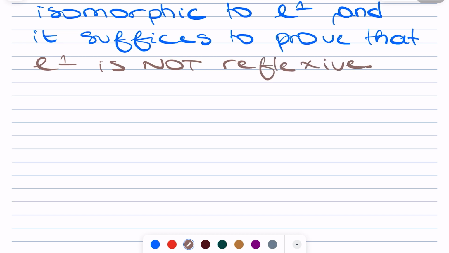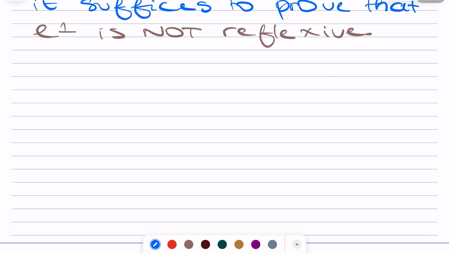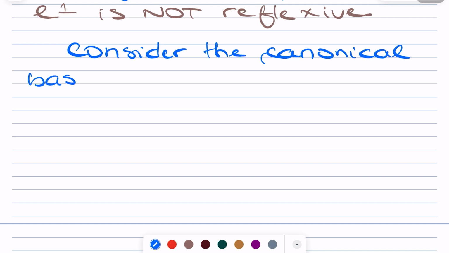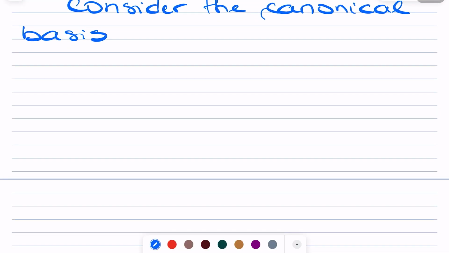Okay, for that, consider the canonical basis En, which is 0 everywhere except at the nth position.